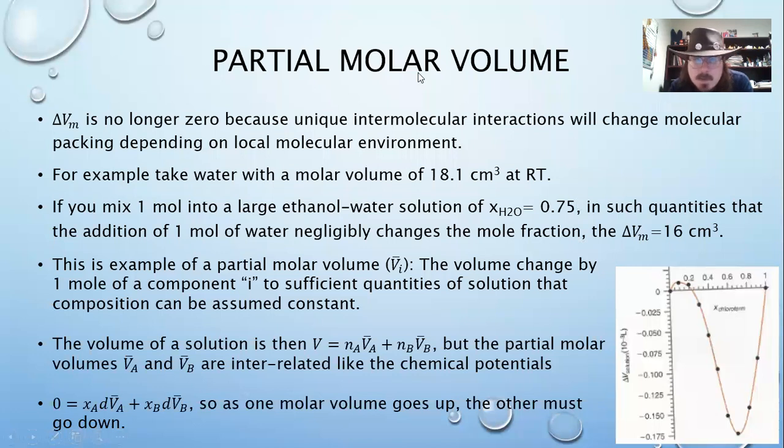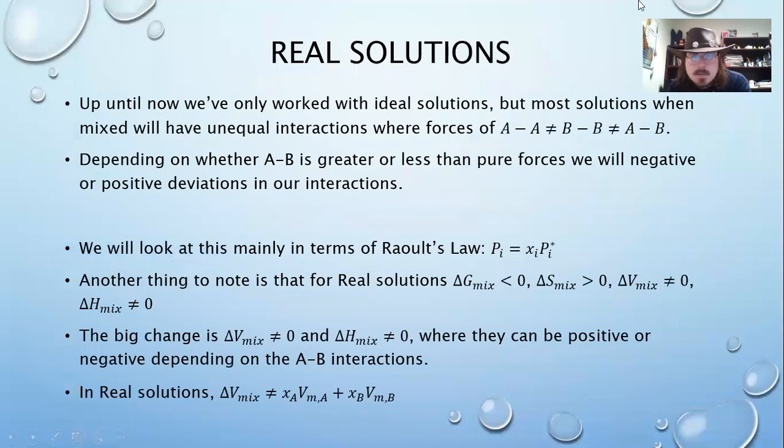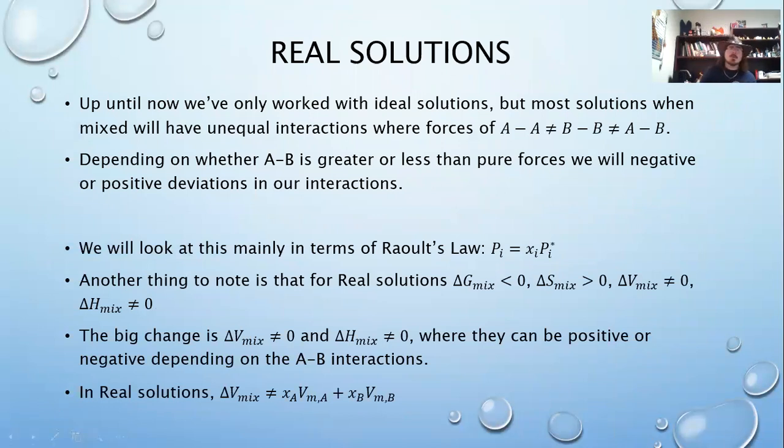Basic idea: up until now, we've been dealing with ideal solutions, where each compound is assumed to react identically. If I mix a solute and a solvent, and they're both liquids, they'll have similar intermolecular forces, so that solute-solute interactions are of equal strength to solvent-solvent interactions, which are equal strength to solute-solvent interactions.